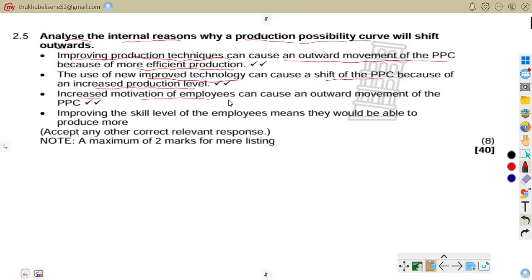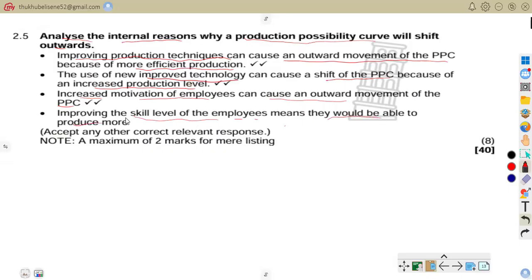Increased motivation of employees can cause an outward movement of the PPC. Here we are talking about worker motivation. Motivated workers produce more. For example, when you give them bonuses or promotions, they will be motivated and they will work more. Improving the skill level of the employees means they would be able to produce more.